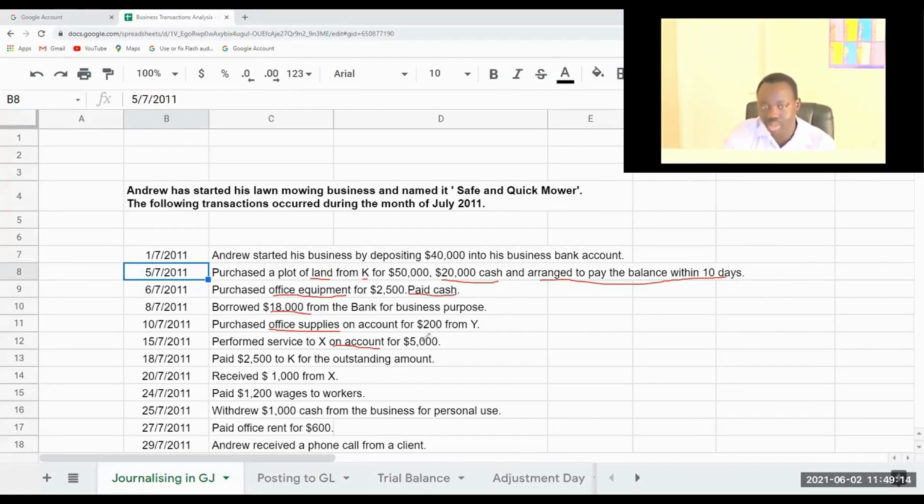And in this case, we have 5,000 on the debit side and we have 5,000 on the credit side. That means our accounting equation is balanced. On the 18th of July, there was this transaction.